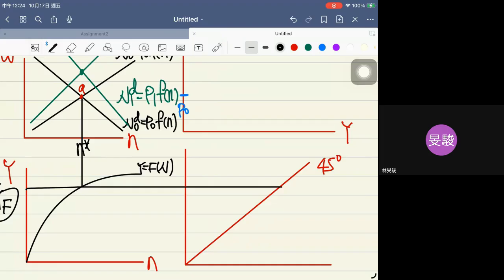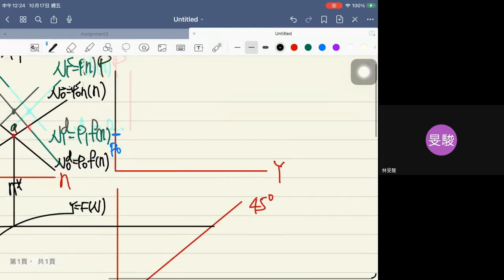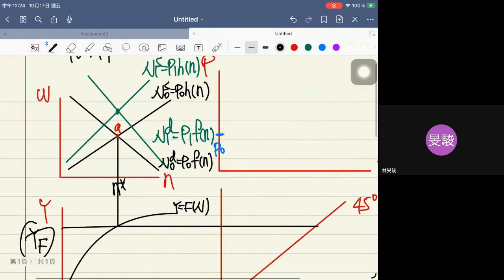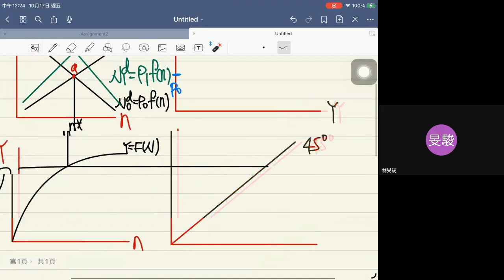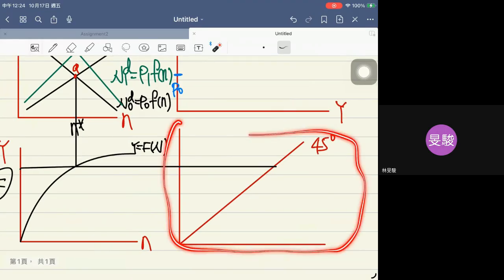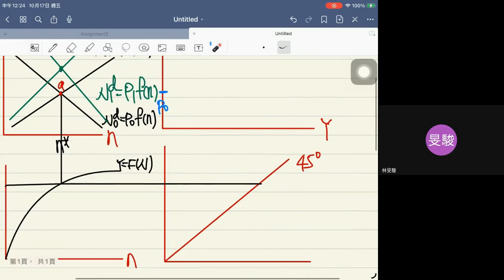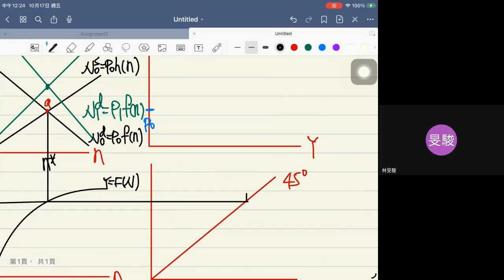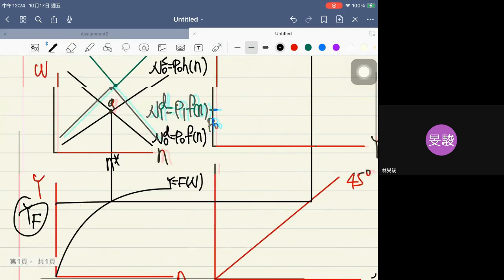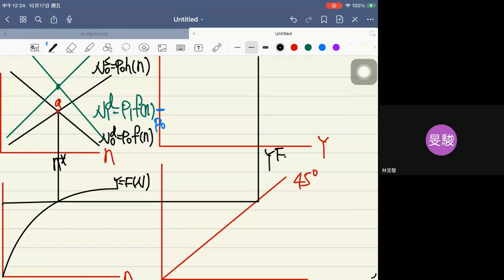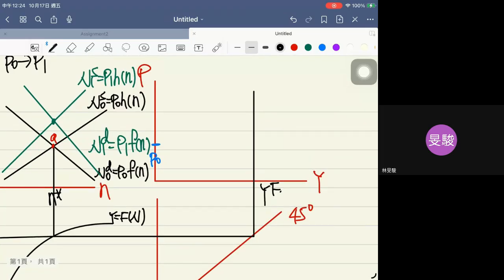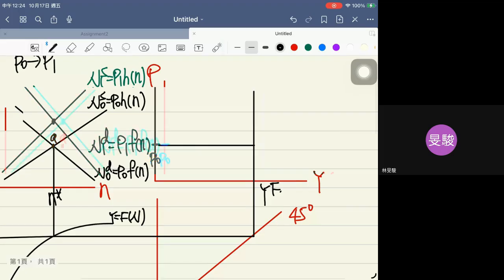The transformation line just maps the production function from the Y axis to the X axis. So this is also YF, and its price level is this. So this is its initial equilibrium.